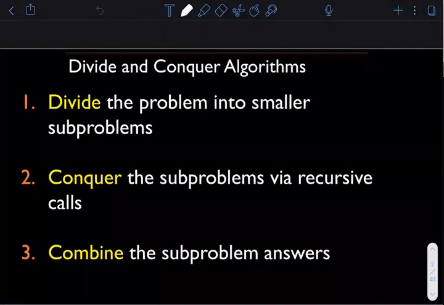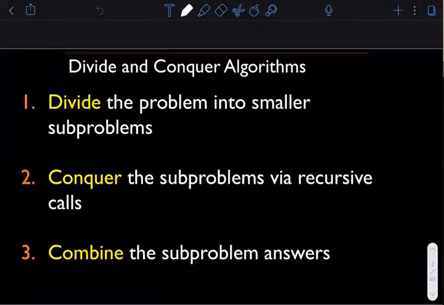One important difference is that in a divide and conquer algorithm, we always attempt to divide the problem by a constant fraction. If I have an input of size n, then I will make sure that each piece I divide it into is sufficiently large.